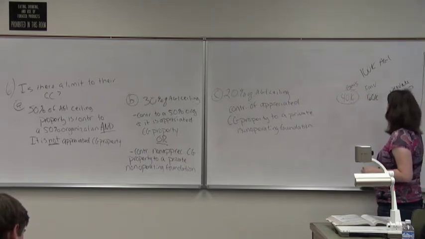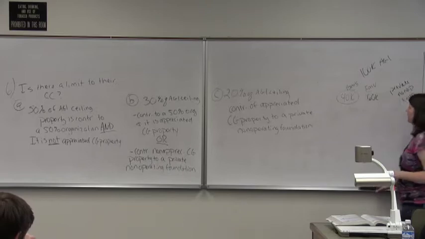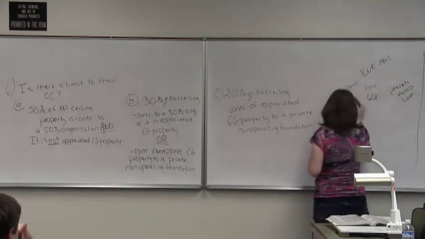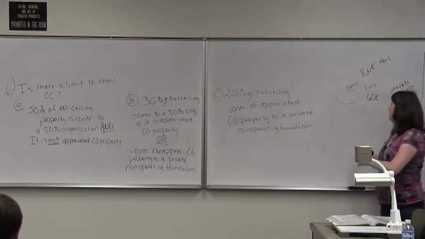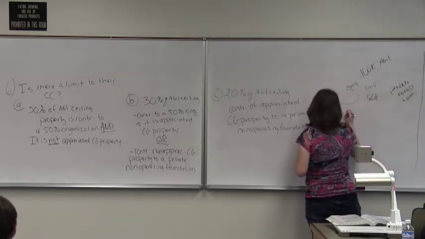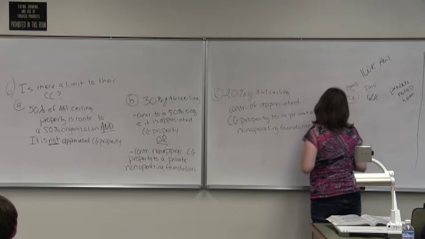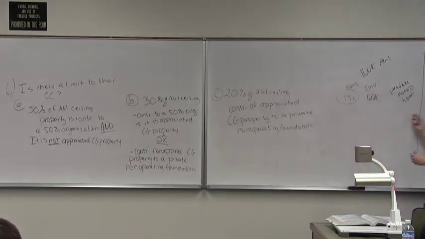So let's see. Let's say that instead of this basis being $40,000, it is actually going to be $15,000. Still contributed to a private non-operating foundation. Now, do we need to worry about any limits? Do we care? No. Because $15,000 is less than 20% of $100,000. We don't care.